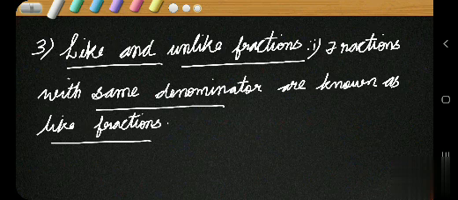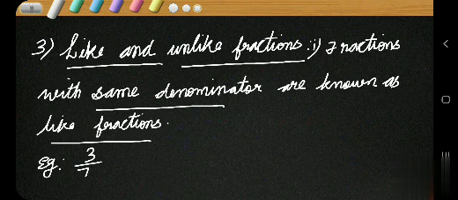So can you say some examples of like fractions? Their denominator should be same. That's the only condition. So fractions with same denominator, the numbers down should be the same. That's the condition for the fractions to be like fractions. So please try to say some examples. Yes, all the denominators should be same.